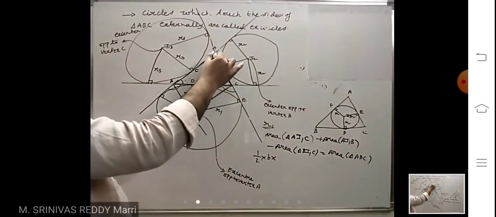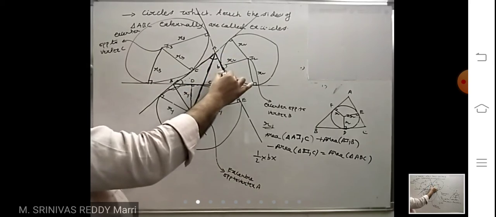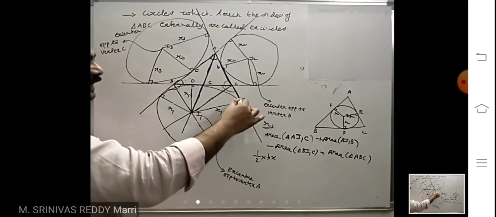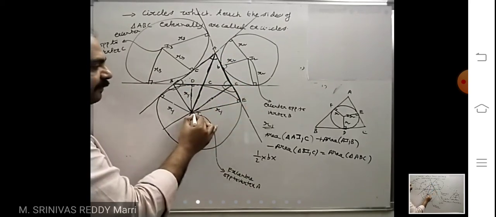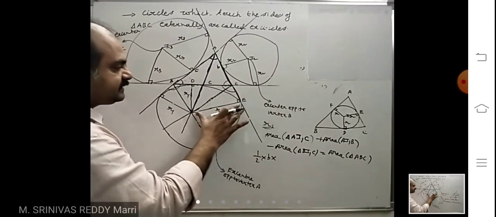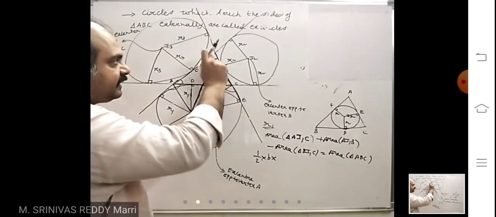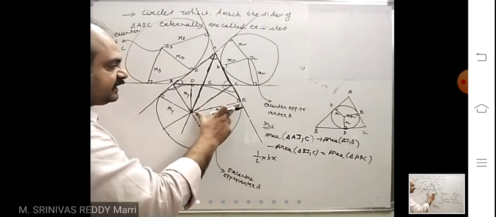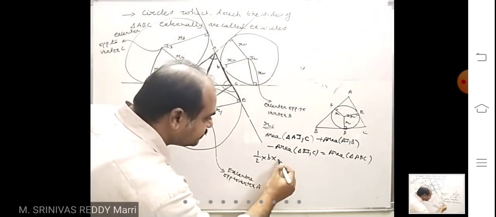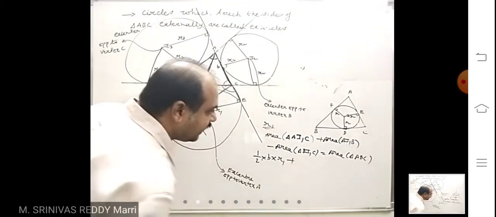This side is extended, and from I1 a perpendicular is dropped on the extended side AC. That length is the height, which is R1.